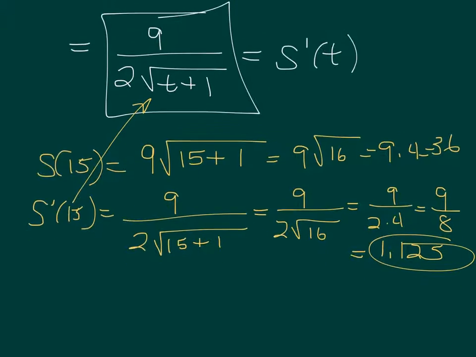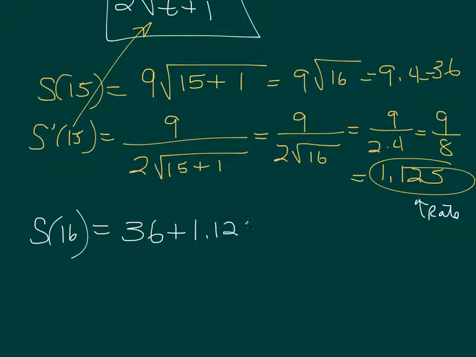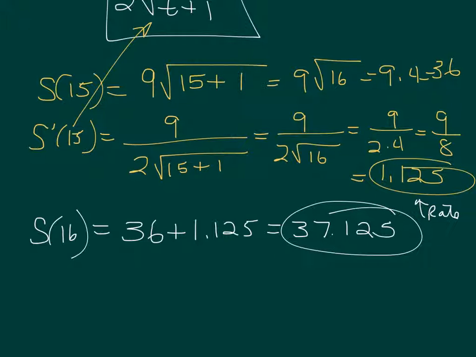Okay, so then the last piece says find s of 16. Well, if you know what s of 15 was, which was 36, and you know the rate, this is the derivative, that it's changing per month, then I could simply add those two pieces together. If I add them together, I get 37.125, and that tells me what s of 16 would be.